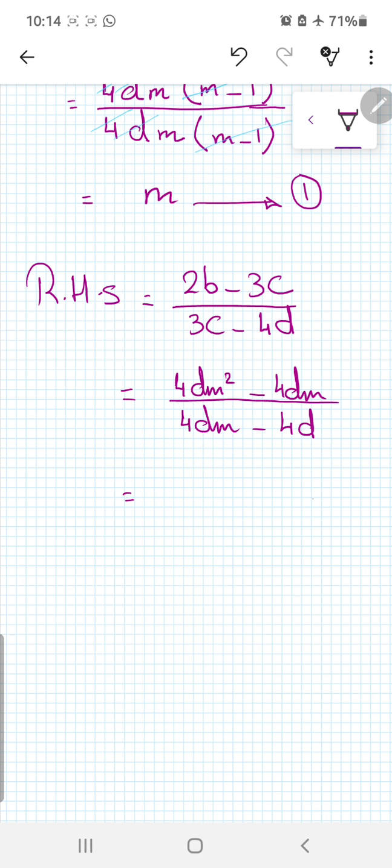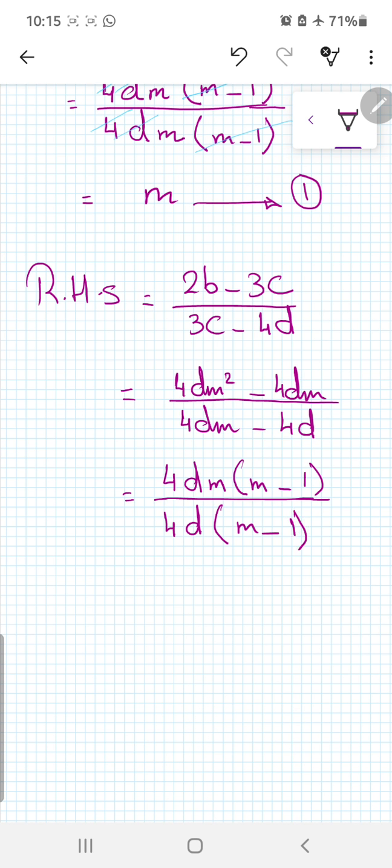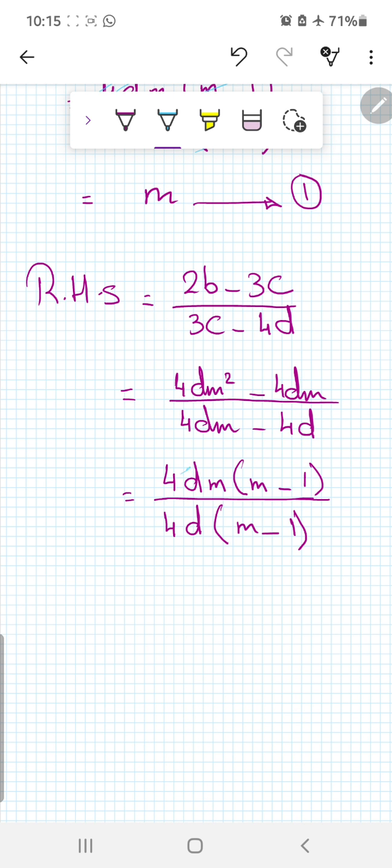Also take a common factor from the numerator. We have 4d m power 2, m, take the smallest power which is m, so we have m minus, don't forget 1, over here 4 common factor and the d common factor, we get m minus 1. Okay, cancel 4 with 4, d with d, m minus 1 and m minus 1, we get m.